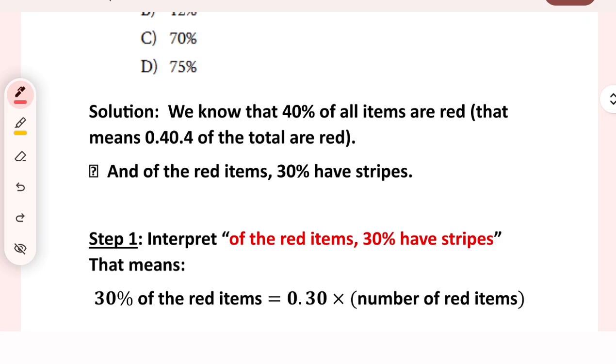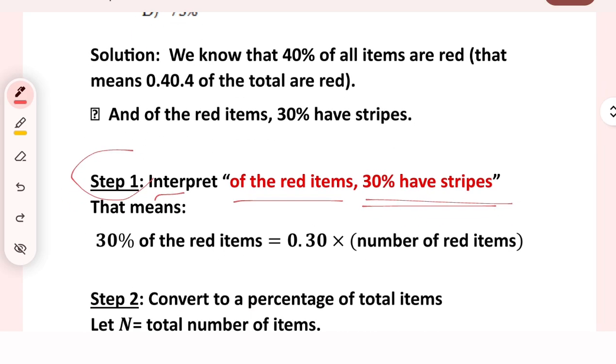So how would you translate this mathematically? Step one, how would you interpret "of the red items, 30% have stripes"? How would you write that into an equation?